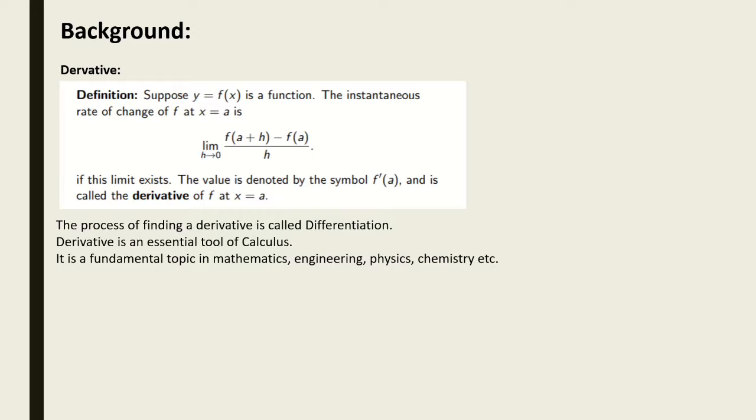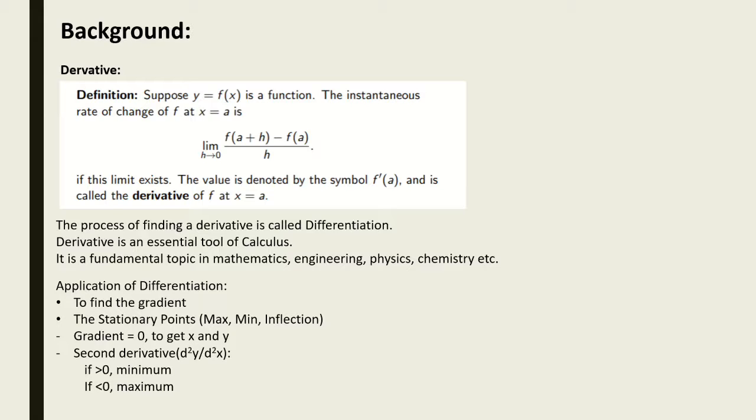The instantaneous rate of change of y at x equals a is given by a limit. If this limit exists, the value is denoted by the symbol f'(a), and this is called the derivative of y at x equals a. The process of finding the derivative is called differentiation.